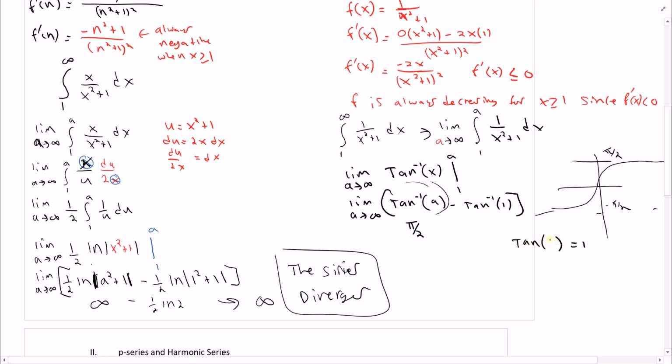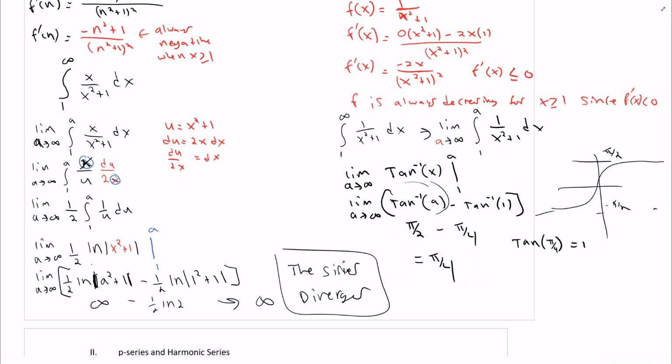Well, tangent is sine over cosine, right? So it's when the sine is equal to the cosine. So the only time the sine is equal to the cosine is at pi over 4. So this guy is pi over 4. And pi over 2 minus pi over 4 is pi over 4. And so this limit equals pi over 4.